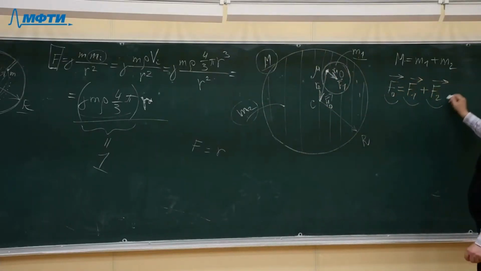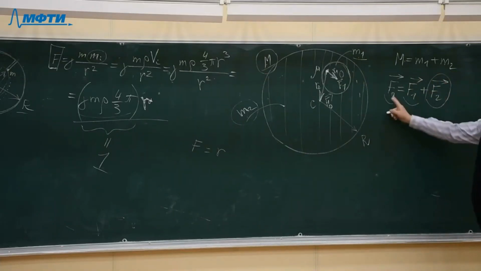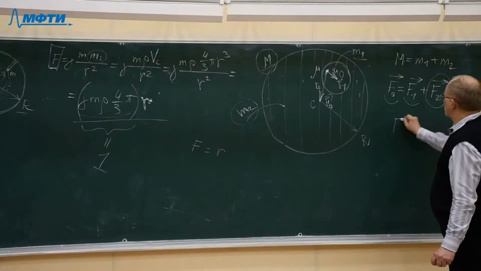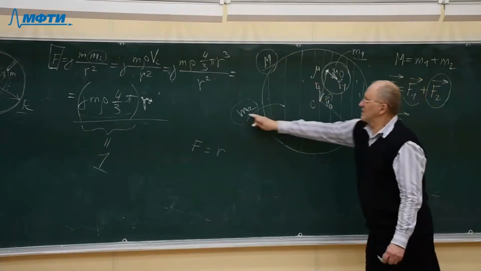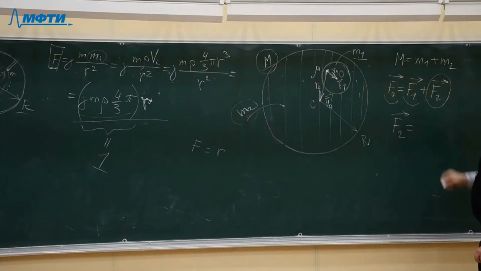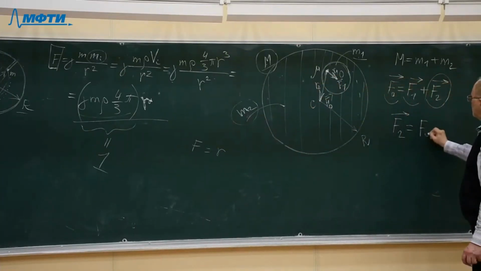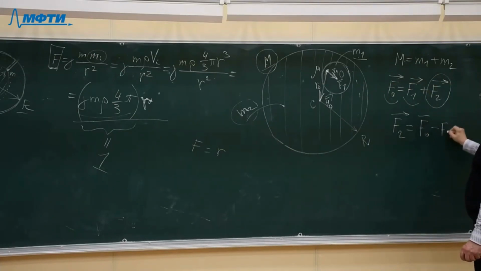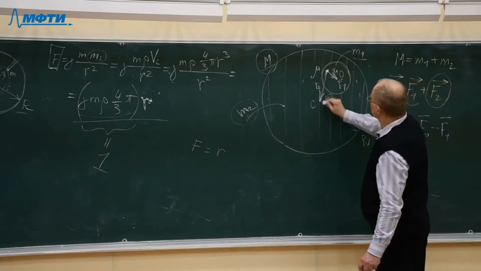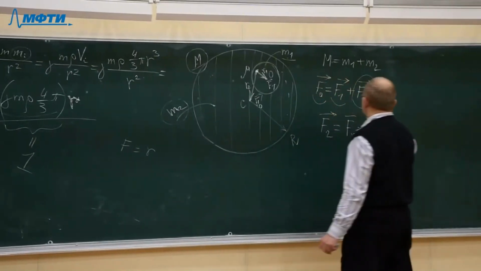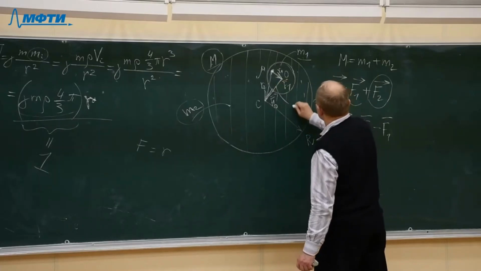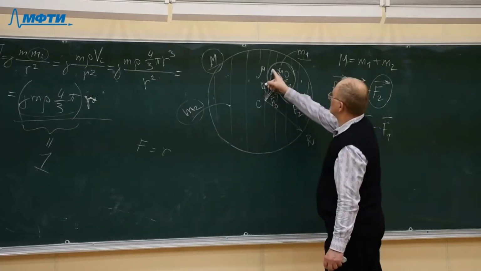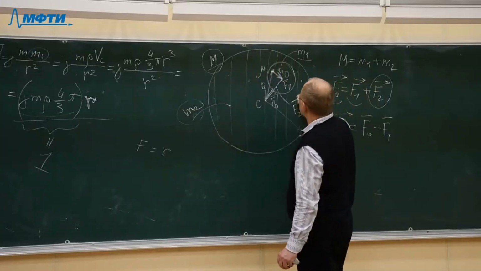What we don't know is F2, but F0 is a known vector, and F1 is also known. So from here we can find F2, the force of interaction of our mass mu with the mass m2. That will be F0 minus F1. The difference between these known vectors will be the force of interaction between the point mass mu and the remaining mass m2.